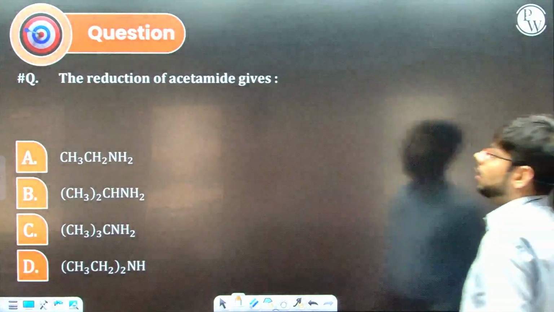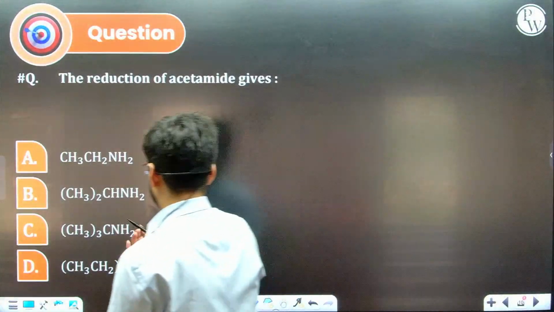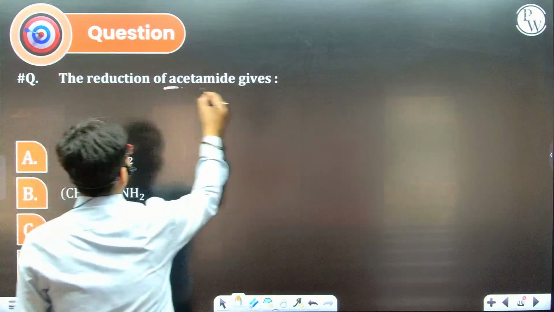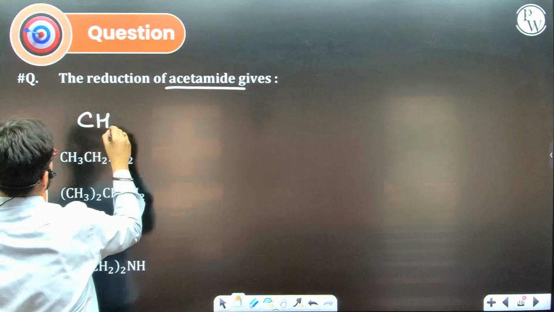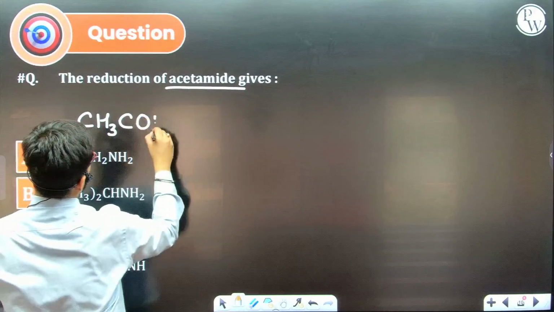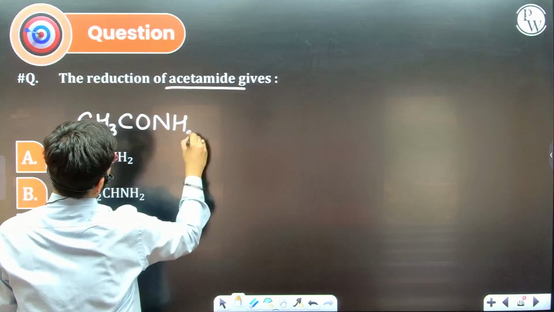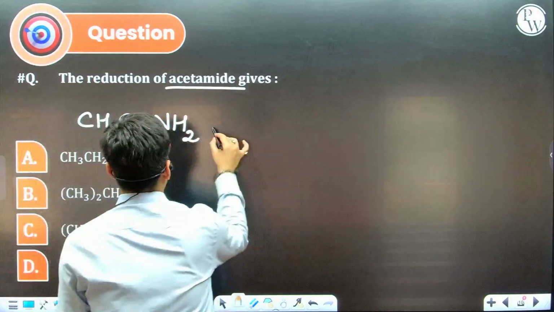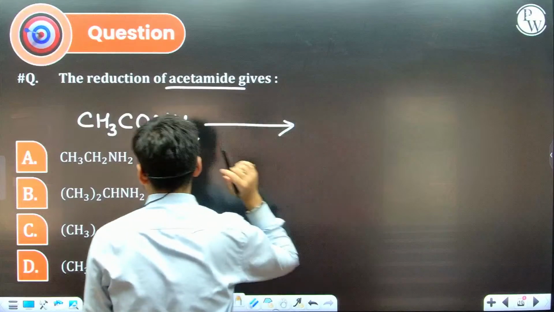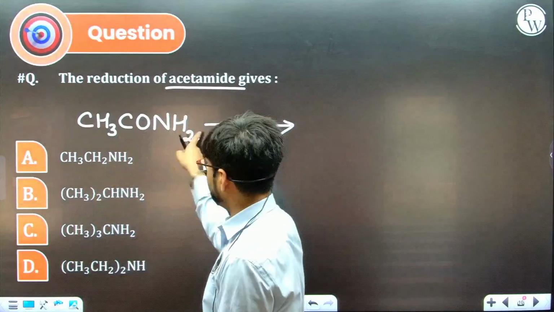Next question. The reduction of acetamide gives... What is acetamide? This is acetamide, CH3CONH2. Now if you look at this, this contains an amide group.